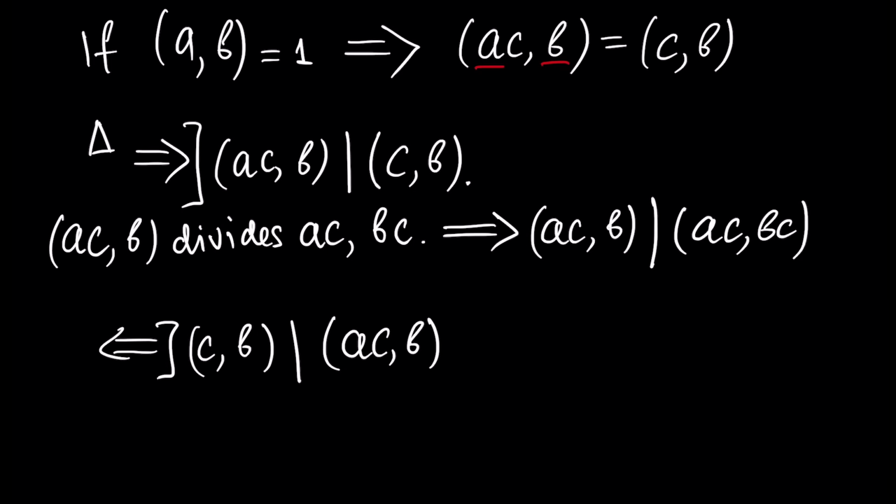And from another side, this GCD is equal to GCD of A and B, times C. But GCD of A and B is 1.